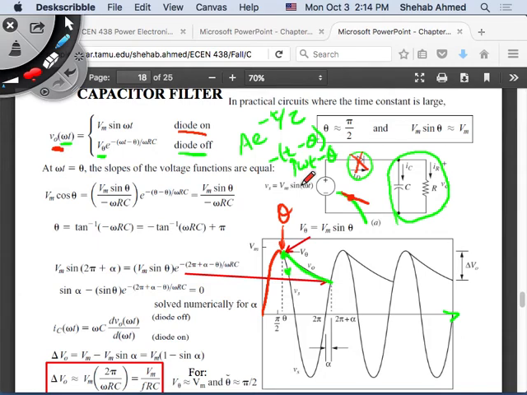We don't know what its value is. We have to calculate its value. Right? We will see how to calculate it, like before, when we were calculating alpha and beta for the current. Here we have to calculate theta, because that's the point where these two waveforms start diverging. And then we also have to calculate this other point, because if I know this point and I know my maximum value, then what do I know?